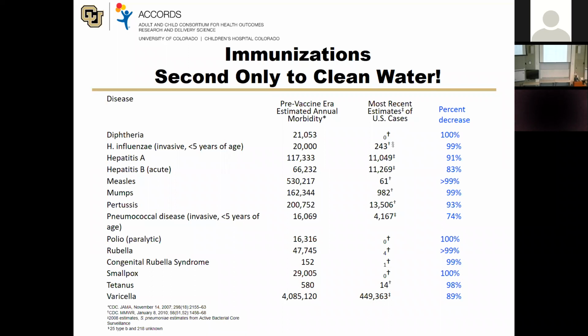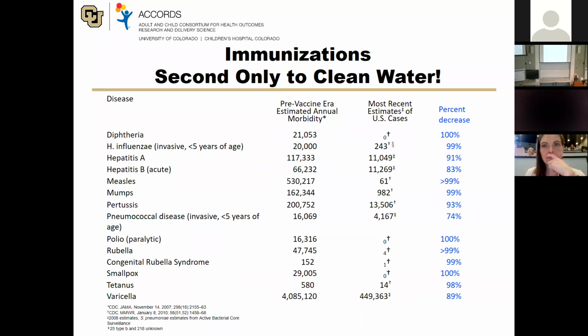So I probably do not have to convince this audience that immunizations are important, because you're all here because you're probably health related. But basically immunizations have been thought to be second only to clean water in terms of decreasing mortality and morbidity for children. Here's a slide showing the % decreases in common vaccine preventable diseases from the time of pre-vaccine era to the most recent US estimates.